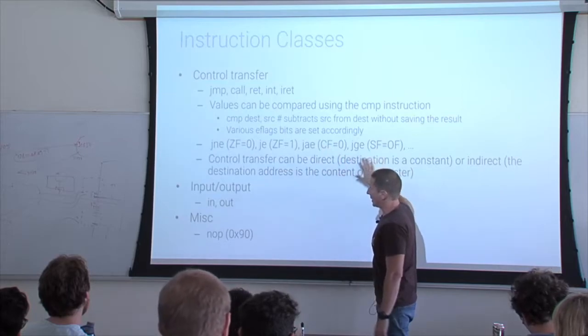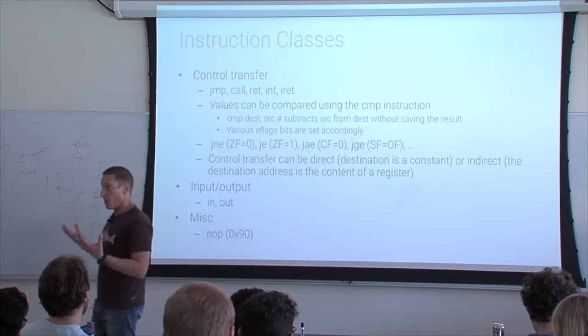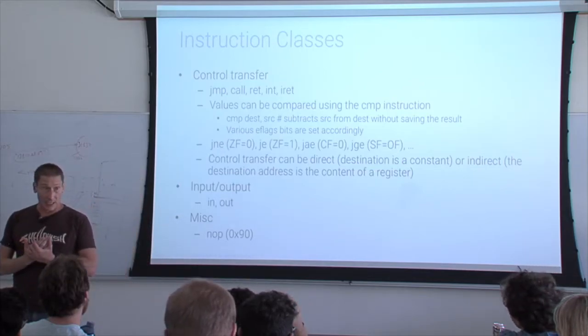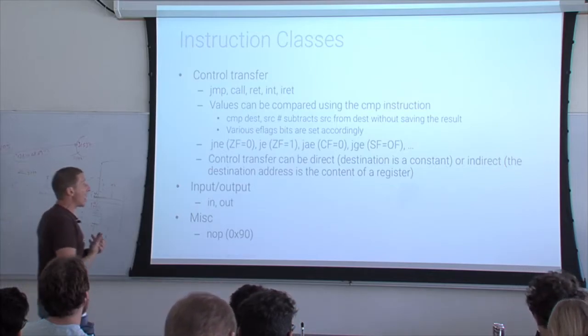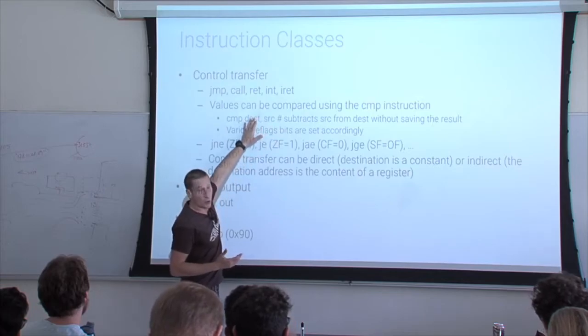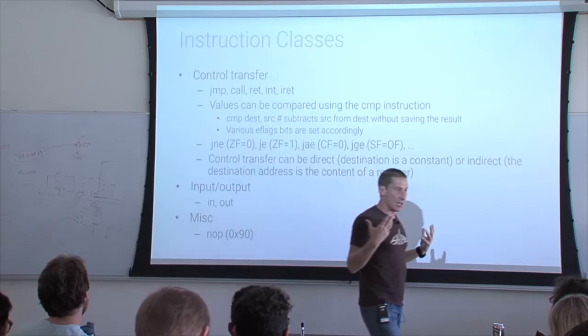So the basic idea is that you have an instruction, for example, the comparison instruction, which fundamentally subtracts the two elements, but does not modify them. So it's not storing the results anywhere. It's just comparing the two and setting the flags accordingly.